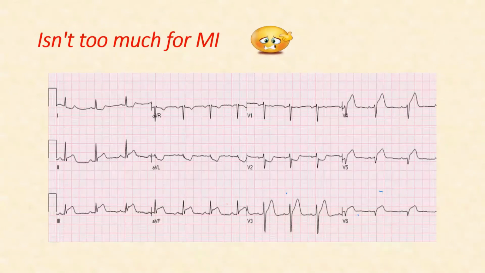Okay, who can read this? This is a 12 lead ECG. Sinus rhythm. There is ST elevation in the inferior leads with reciprocal changes. Yes, you're right, in aVL.